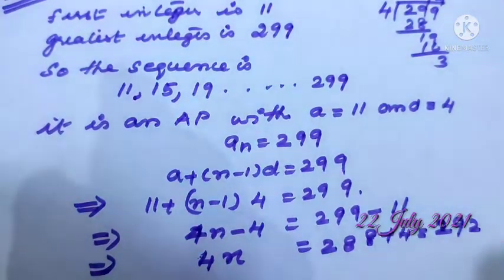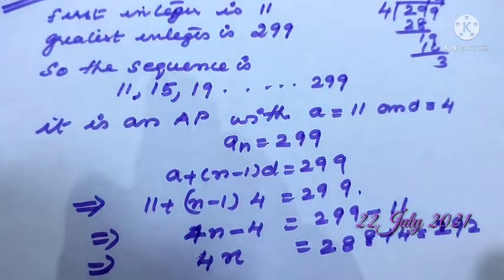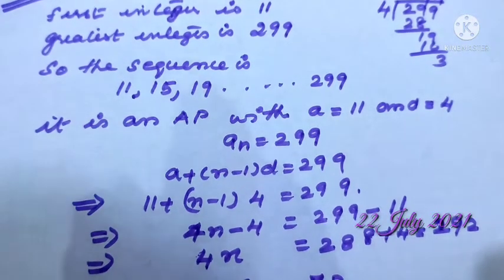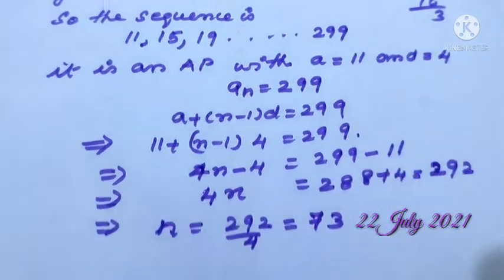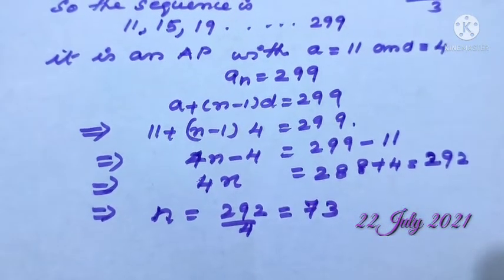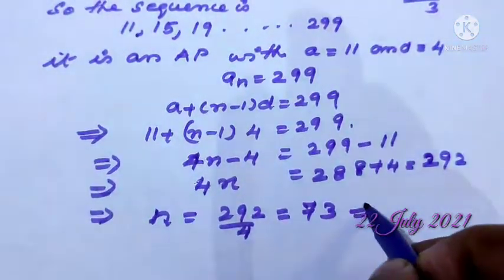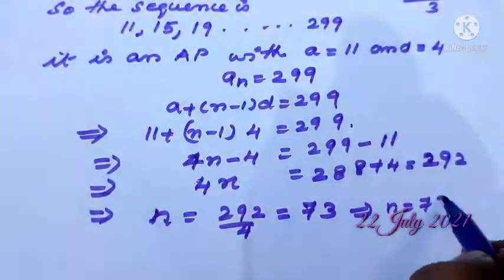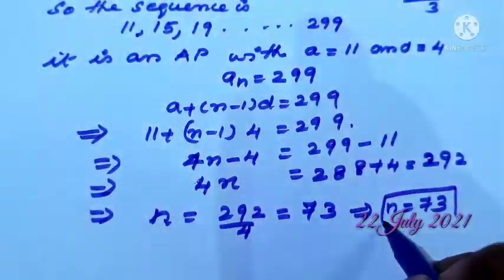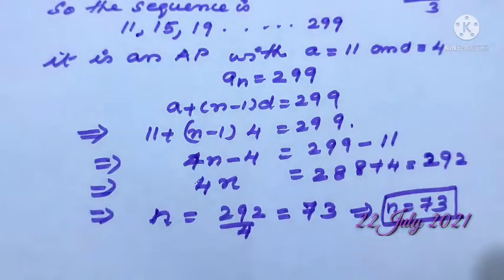Therefore n equal to 292 by 4, that means it is equal to 73. So how many terms are there? 73 terms.